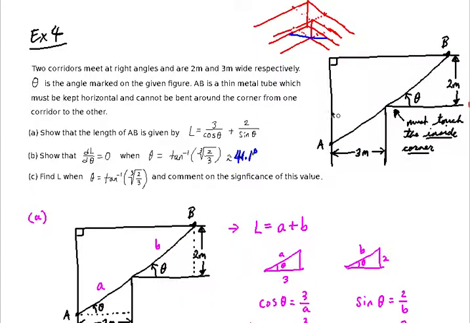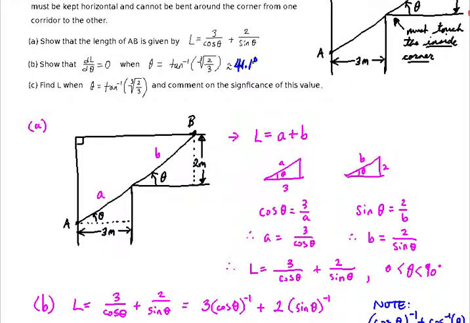A and B always have to be stuck on these walls, and this point must touch. You can see that there's going to be some kind of relationship between theta and L. So let's think about what L is. L is the length of AB, and we can say L is equal to A plus B if I define A to be this segment and B to be this segment.